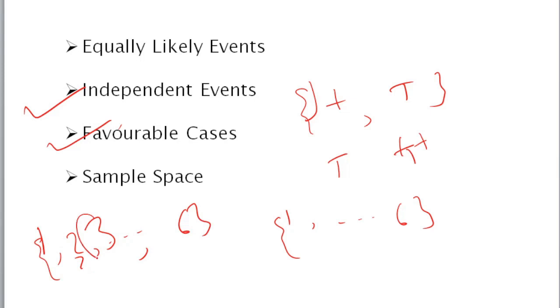We are interested in getting a result that is a multiple of 3. Here the points 3 and 6 are favorable cases for us. That is, these 2 points are related to the happening of that event. These types of cases are known as favorable cases.